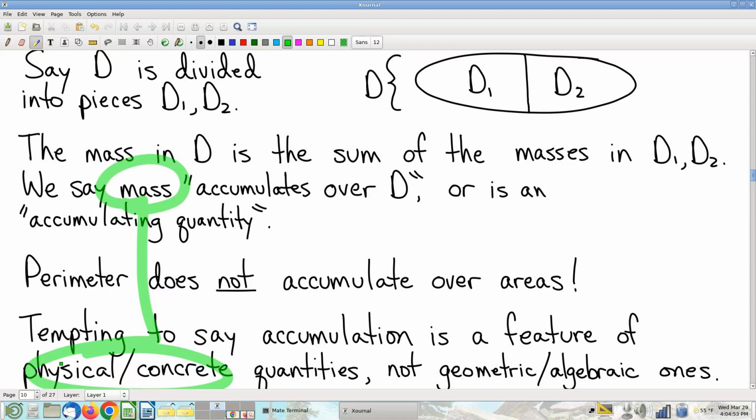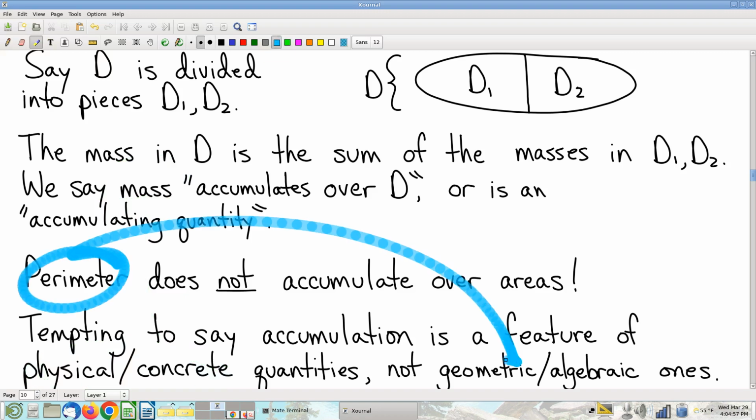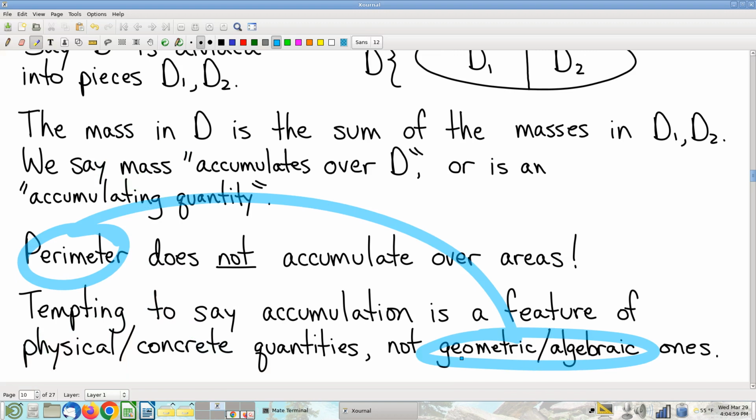Whereas perimeter, not so much, right? Perimeter, it's not really concrete stuff. It's a geometric concept that we made up. And so you can imagine that we can make up all sorts of non-concrete, non-physical nonsense that might have all sorts of failures of properties, because the physical universe just has no interest in the matter. That's a point of view.